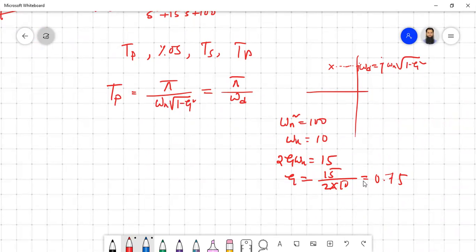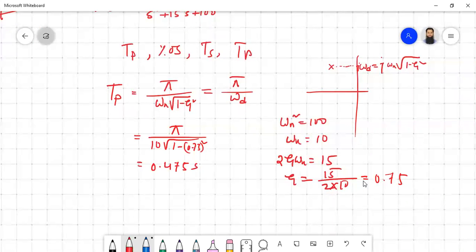You can just put the values here: pi by 10 root over 1 minus 0.75 whole square. This will give you approximately 0.475 seconds. This is how you calculate the peak time.